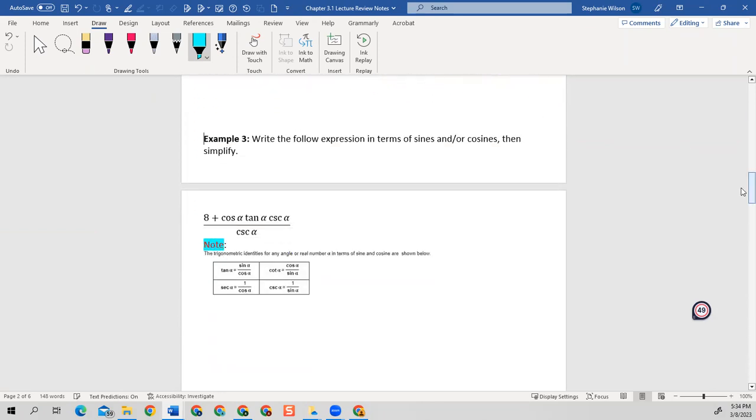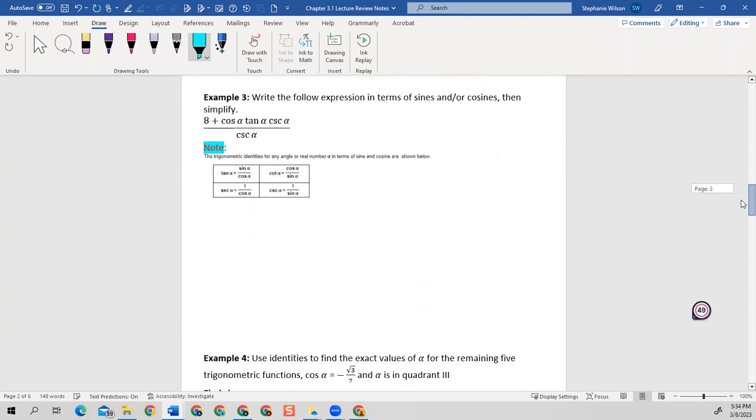Okay, our next one says we're going to write the following expression in terms of sine and or cosine, then simplify. Miss Wilson, I have a question really quick. So how did you know which identity to use?